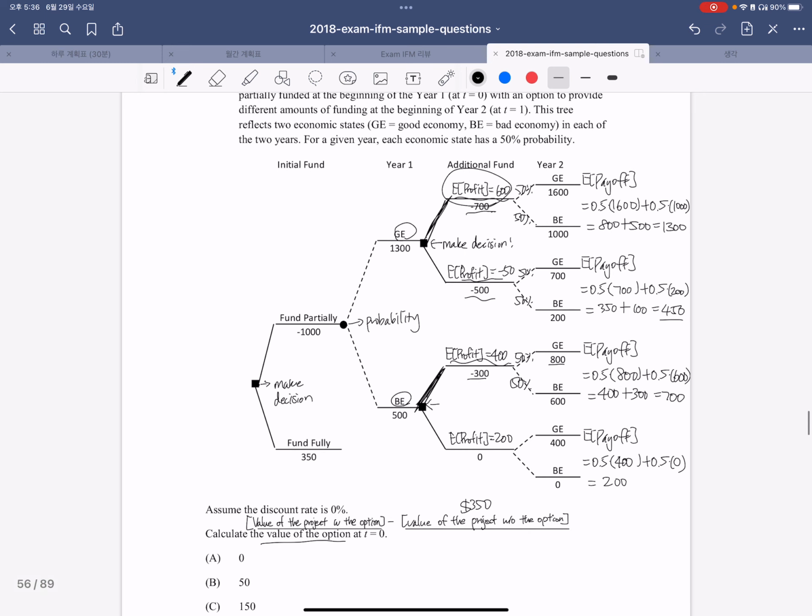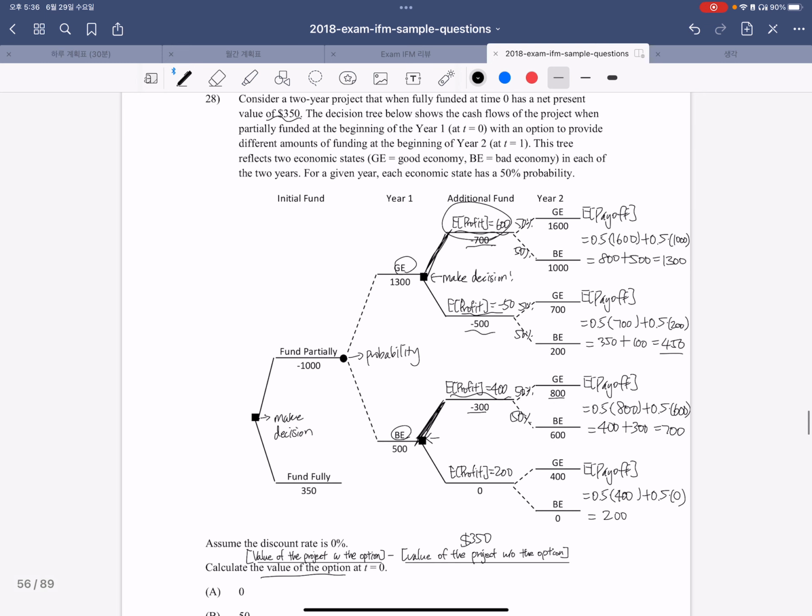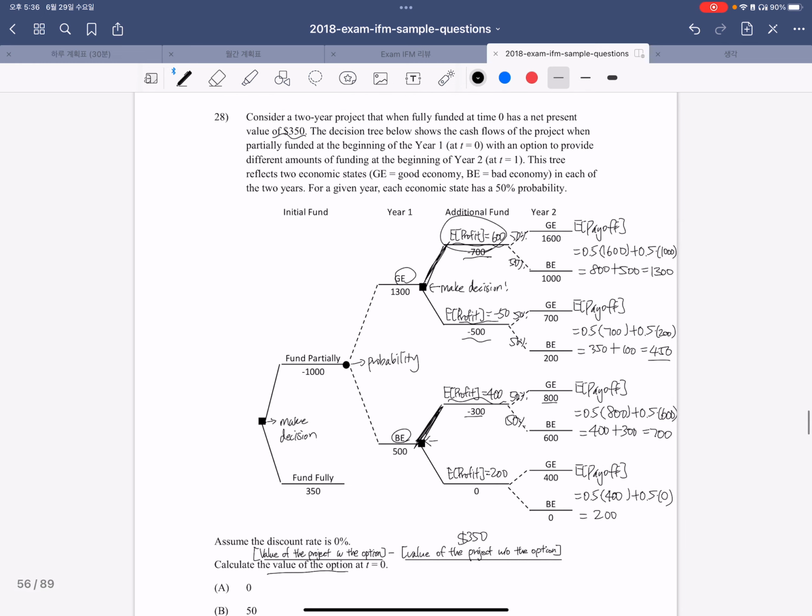Okay, going once again, 50% chance of being a good economy and bad economy in year one. So the expected payoff will be the same structure as well. Expected payoff of good economy in year one. We're just calculating year one.